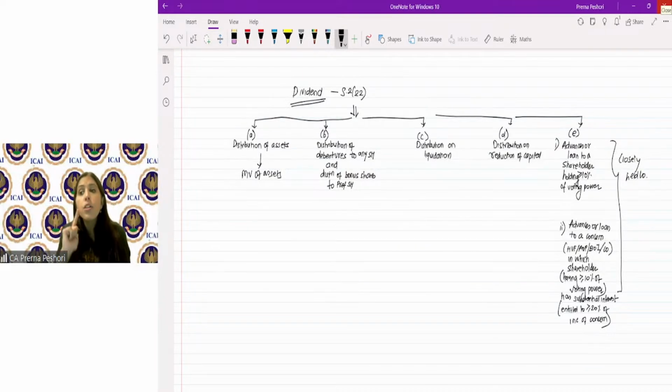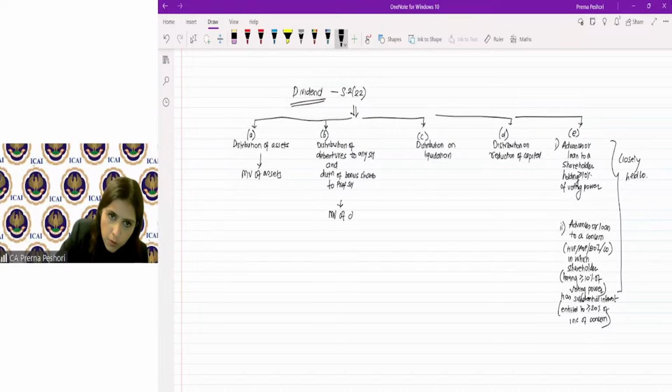Now distribution of bonus shares to equity shareholders, whether that is deemed dividend, answer is no. So just write over here, market value of debentures or bonus shares. Distribution of bonus to equity shareholders, not dividend.